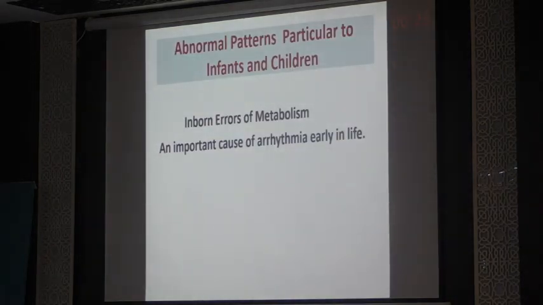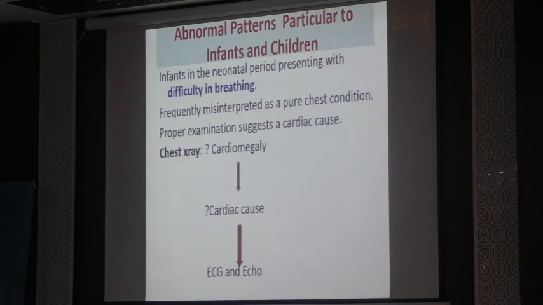Abnormal patterns particular to infants can occur due to inborn errors of metabolism, which are present in children at this age and are an important cause of arrhythmias early in life. Infants in the neonatal period presenting with difficulty in breathing are frequently misinterpreted as a pure chest condition.